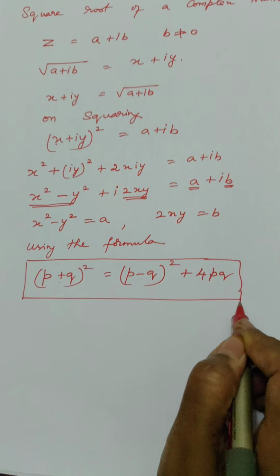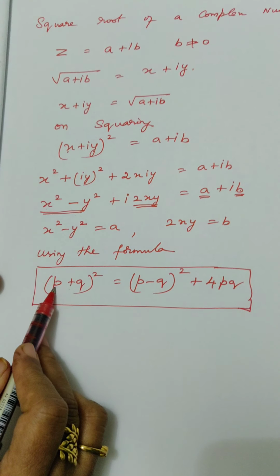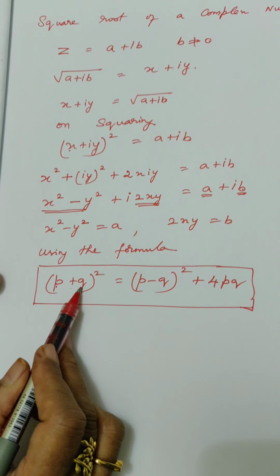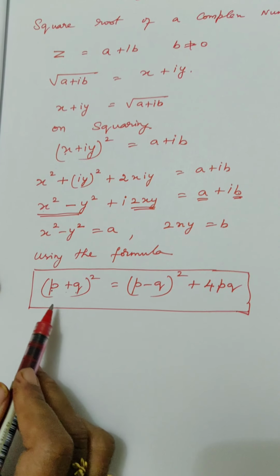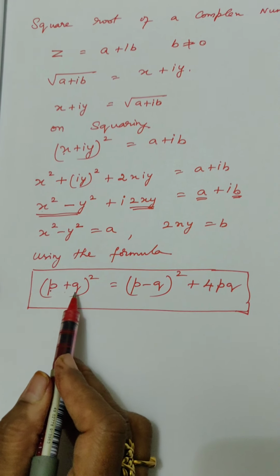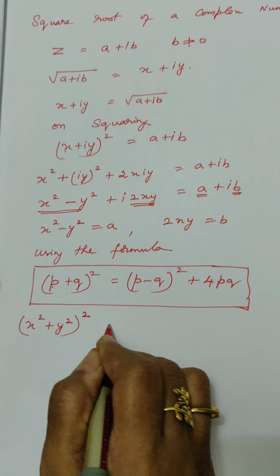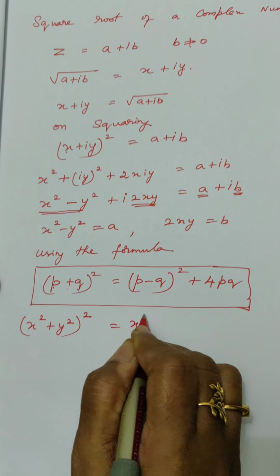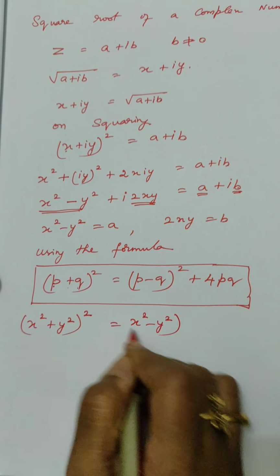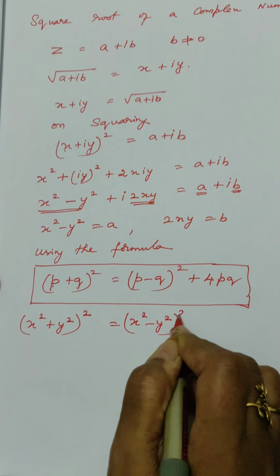Using this formula, instead of p, I am going to use x square, and instead of q, I am going to use y square. So what will happen? x square plus y square the whole square equal to x square minus y square the whole square plus 4x square y square.